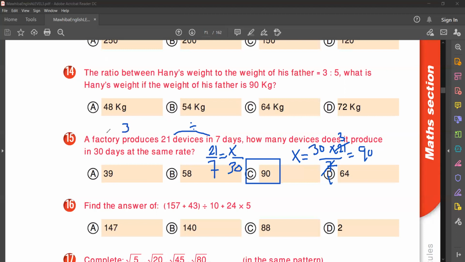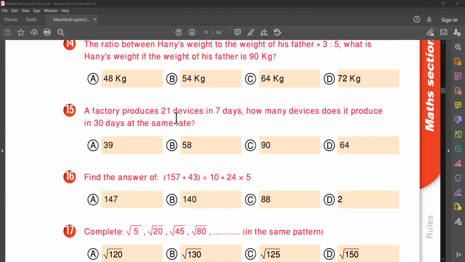So 3 devices each day. Then you multiply it, 3 times 30, it is 90. Right? Good. We will go to 16, then we will go to the verbal section.